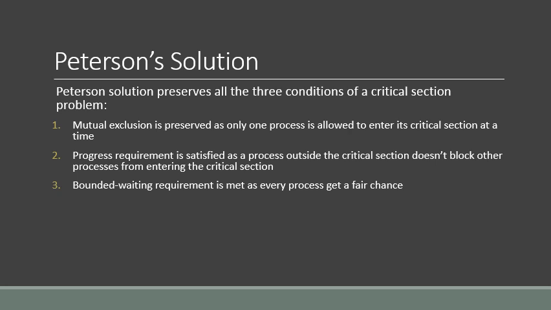Bounded waiting requirement is also satisfied as every process gets a fair chance. We have seen in the example that processes are alternating their turns. A process has to wait at most one entry of the other process in its critical section before the request of the waiting process is granted.